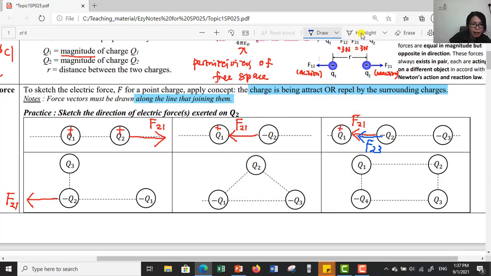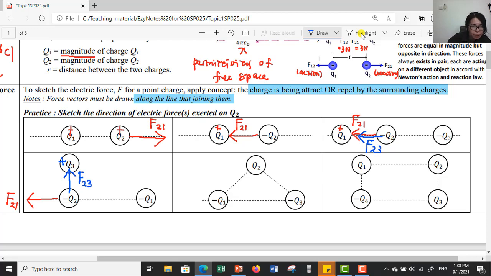Dan pada waktu yang sama, kita perhatikan pada sekitar Q2 kita ada Q3. So, Q2 akan rasa juga forces dari Q3. Force apa yang dia rasa dari Q3? So, Q2 adalah charge negatif, Q3 adalah charge positif. So, Q2 akan rasa attraction force. So, dia akan ditarik ke arah Q3. So, kita label sebagai F23.